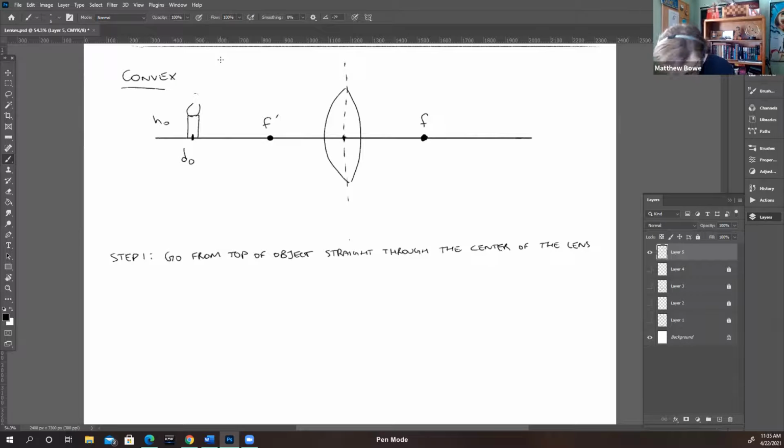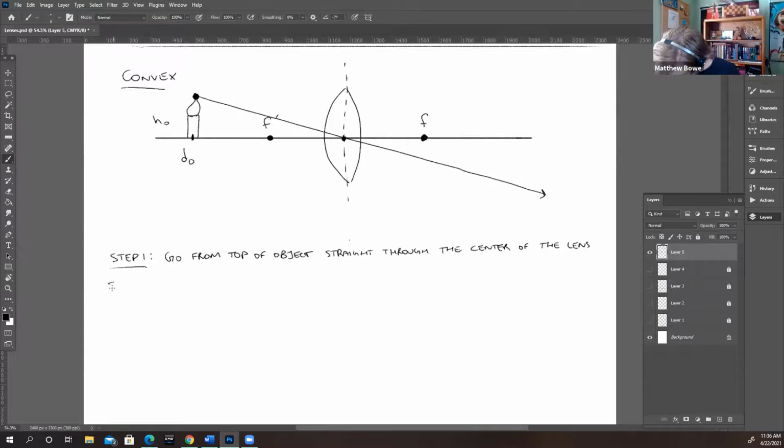Nope. That was an eraser, go like that. Okay. So it went from the top of the object straight through the center of the lens. That's step one. You could always do that.